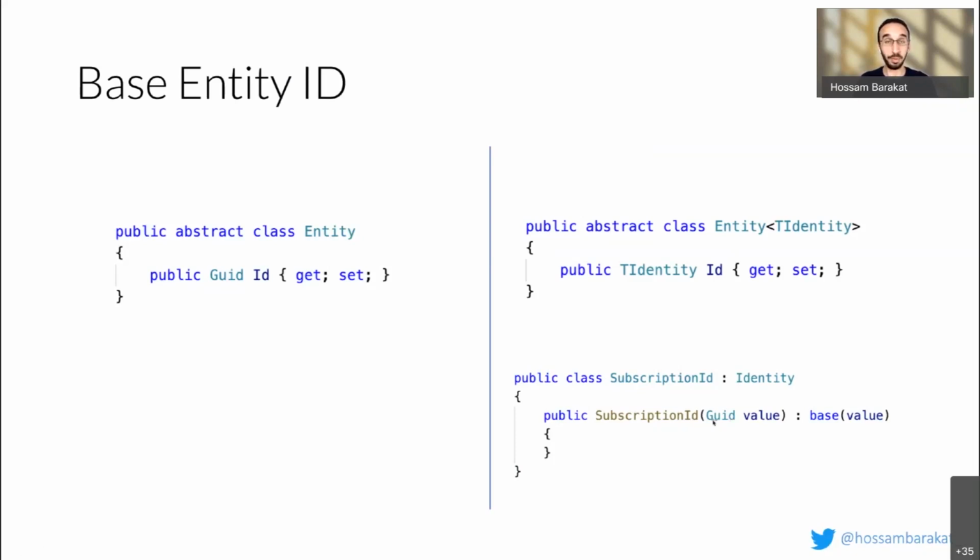The other thing is if you have a method that accepts multiple identifiers, you wouldn't make the mistake of passing the GUID of the product as the GUID of the customer, because it's a strongly typed language and we can leverage that feature when we are building our code base.